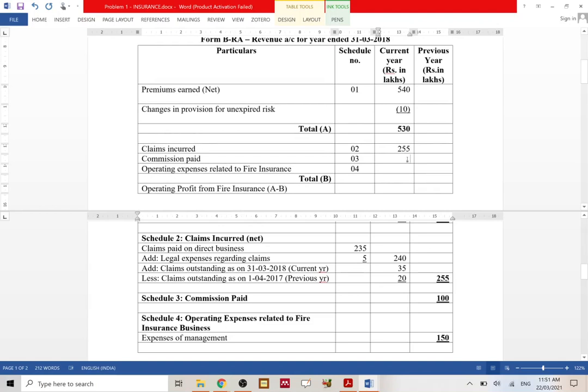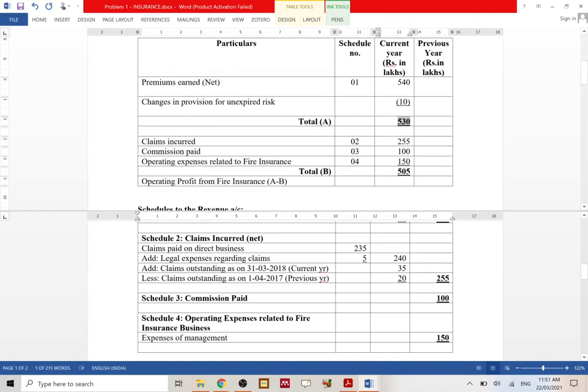Then in case of commission paid, again you got a total of 100, post that, and operating expenses you got a total of 150, and total it up. How much do you get? Total expenses now. I'm calculating B, which is all the total expenses, and this is 505. I've done only the total of this 255, 100 and 150. That gives me 505.